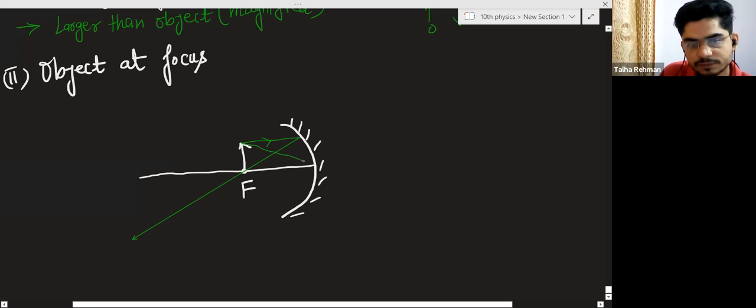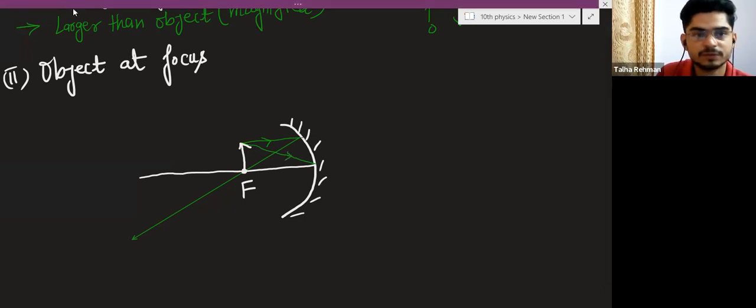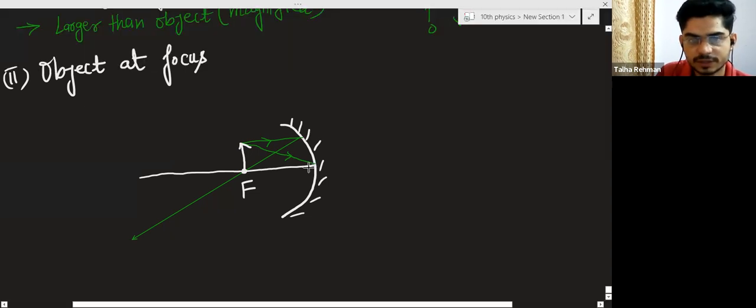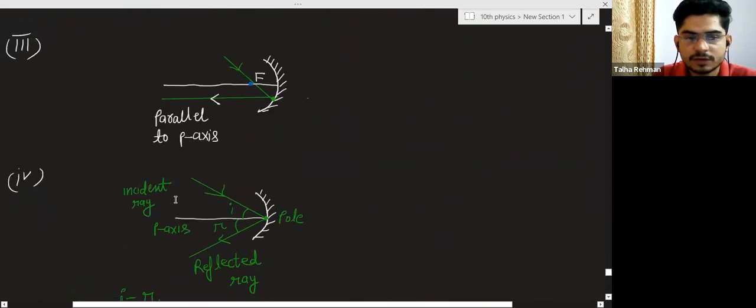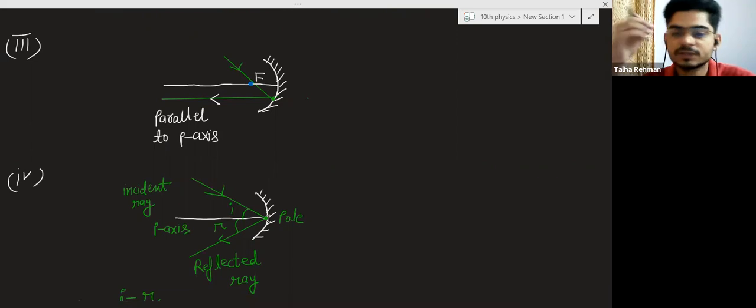Now there is another ray. This is a straight line, Azaan. Please consider it as a straight line, as sometimes it is not possible to draw it perfectly. And we know that this is the pole. From the pole, I have told you that when the light ray is incident on the pole, after the reflection it makes an equal angle.